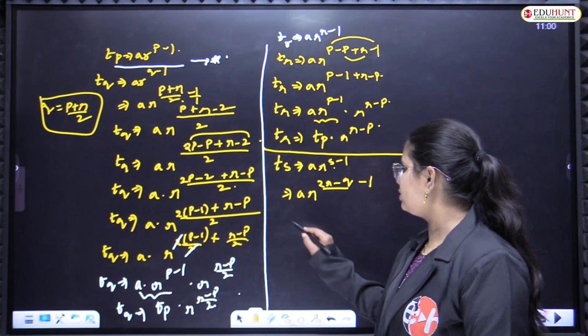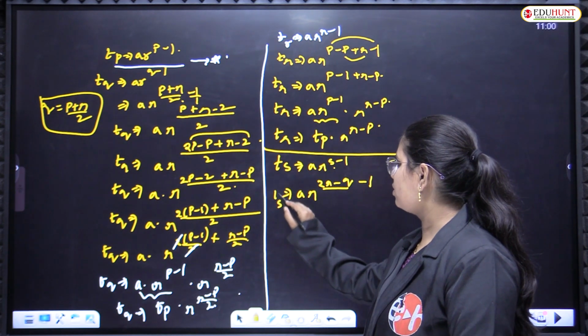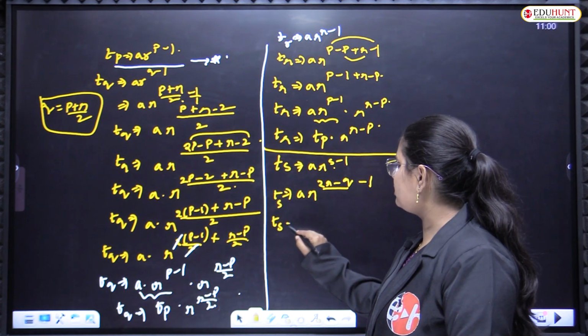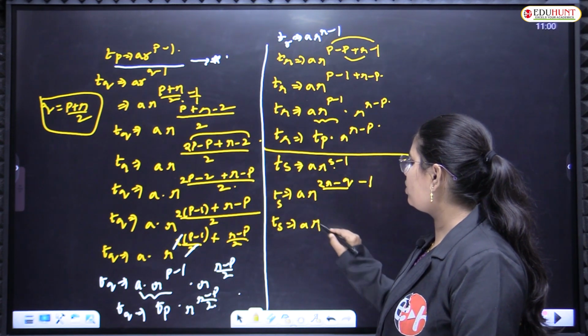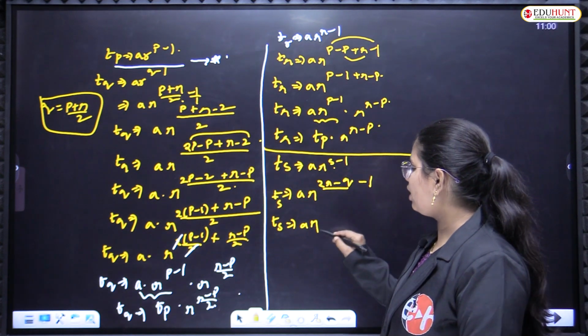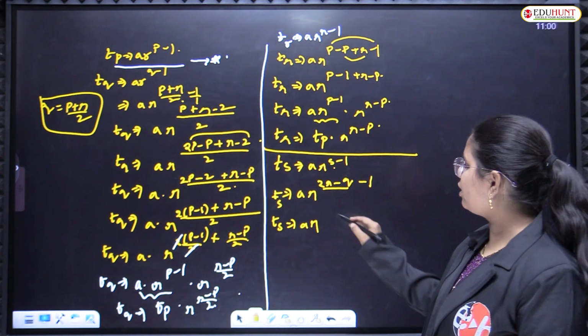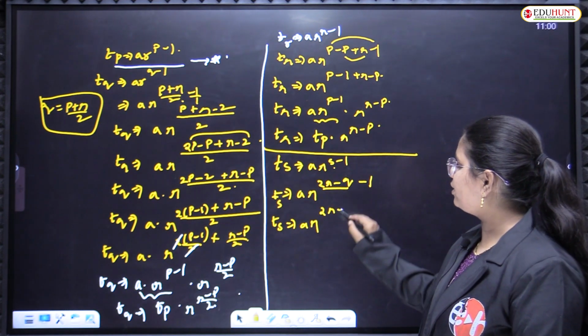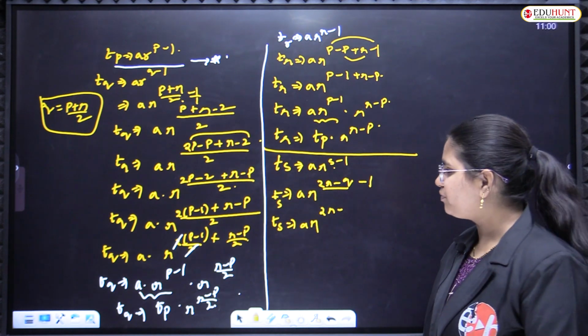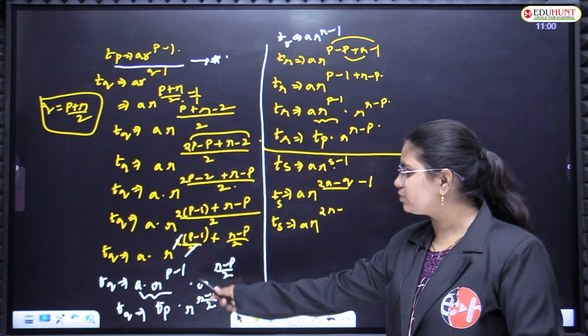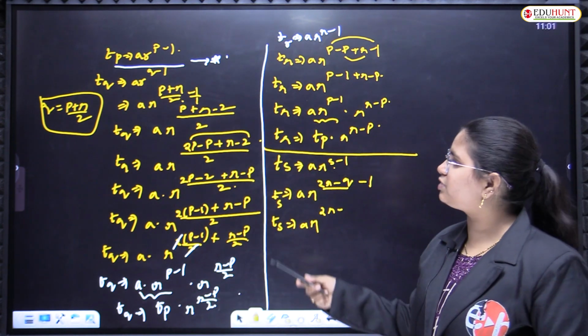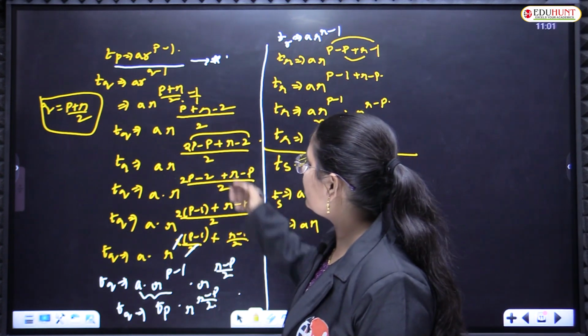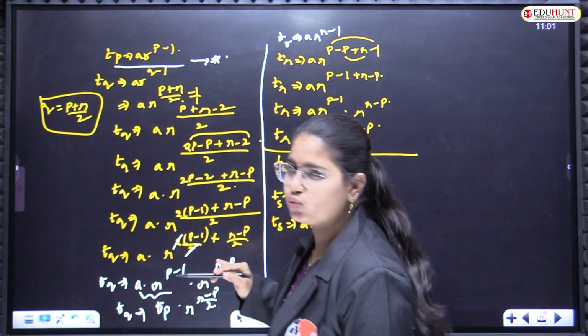Okay. Next. TS is equal to A into R to the power of 2R minus the value of Q. What is the value of Q? Tell me. I have just substituted here. What is the value of Q? P plus R by 2. Correct?